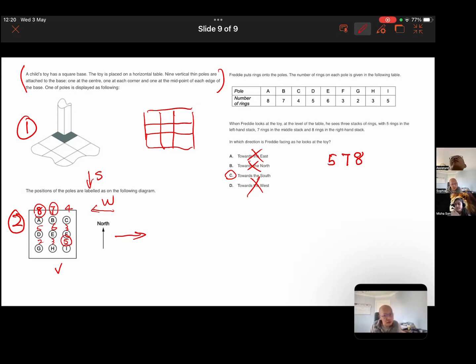But if you spend more time reading it and still have no idea, skip it. Not worth it. Just mark any answer and go to the next question. If you still have time, come back. If you don't, that's totally fine. We cannot expect to solve all the problems in the thinking skills test.